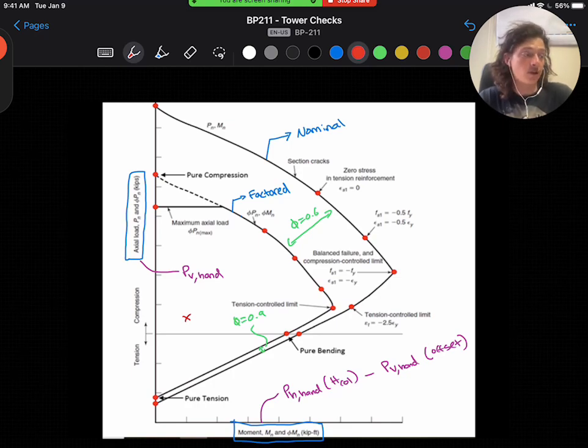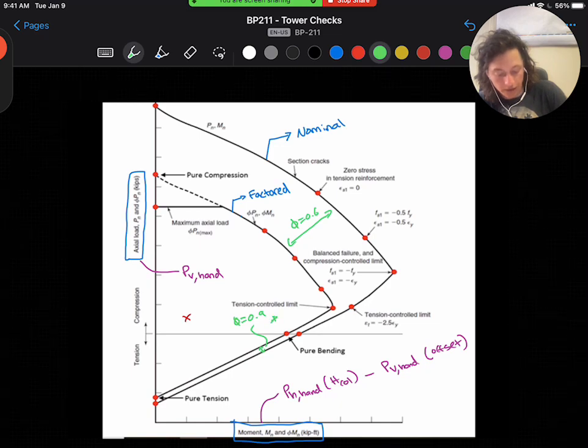This makes up for the large difference on the compression side of the diagram I've drawn here in green, where it's much less of a difference on the tension side of the diagram down below, which is down here. That I also have drawn in green, but I'll start here for you.